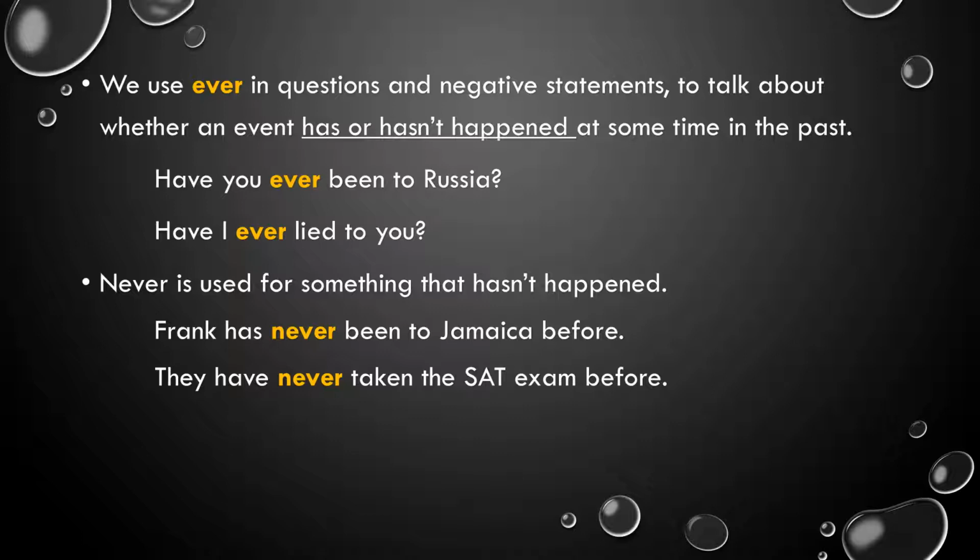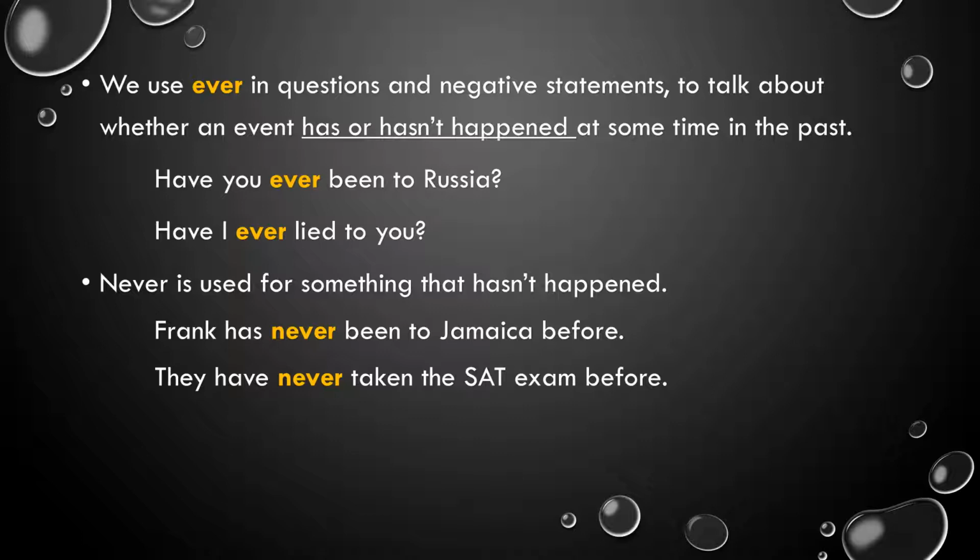You're trying to learn more about my experiences because being in Russia is an experience. Or you can say, have I ever lied to you? As you can see, ever is used mostly in questions.